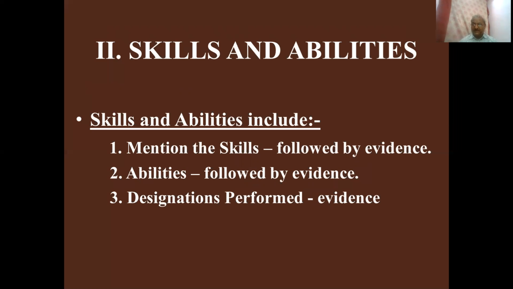My dear friend, when you are presenting your information through a functional CV, under the heading of skills and abilities, mention the skills followed by evidence. You can't just write, I have good communication skills, without presenting evidence for that, and your writing has no value at all. That is very important.